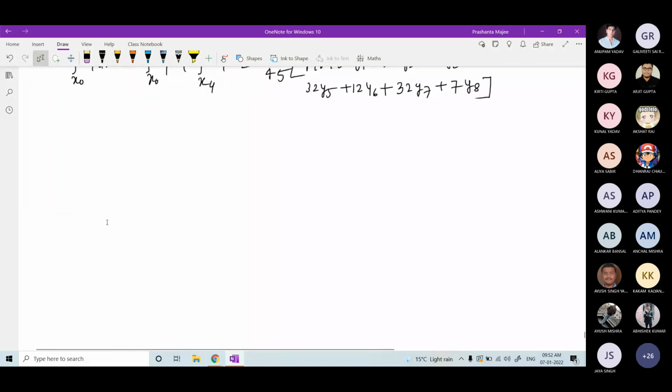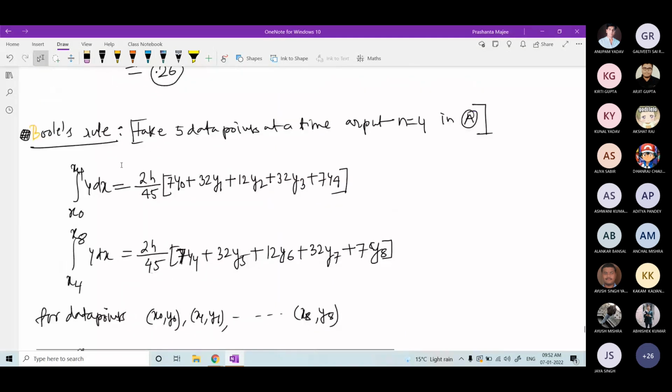And one more result is there, Weddle's rule. Let me write it. Weddle's rule: for this result, you will have to take 7 data points at a time, not 5. 5 was for Boole's, 6 is not included in the syllabus.